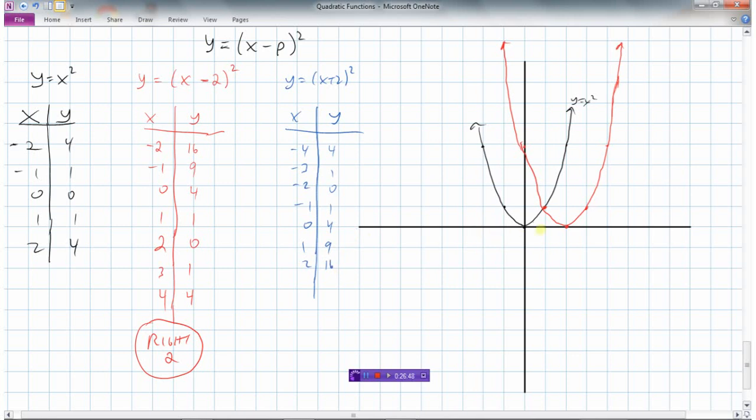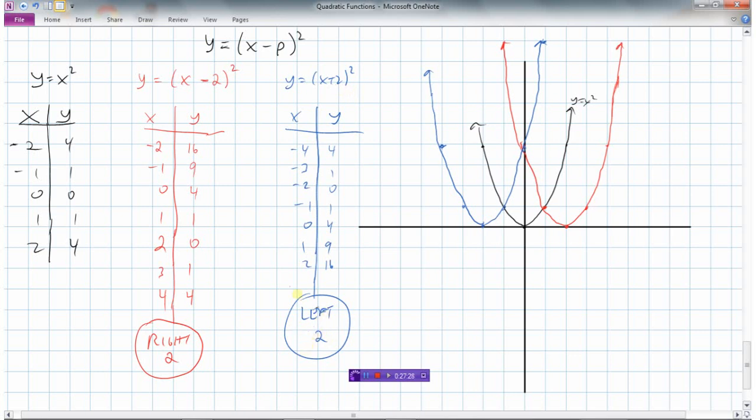Negative 4 and up 4, negative 3 and up 1, negative 2, 0, negative 1, 1, 0, 1, 2, 3, 4, 1, 9. When we connect these dots, we see that our graph got moved to the left 2. So when we replace x with x plus 2, we move the graph to the left 2.